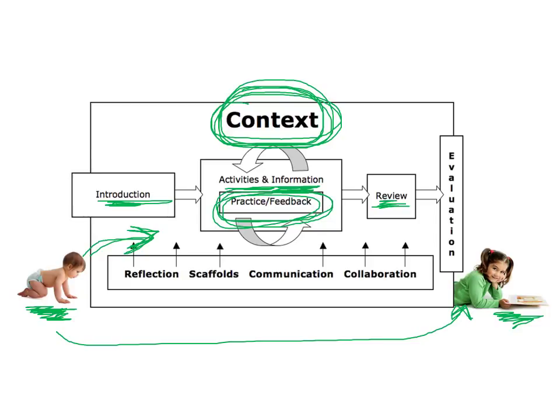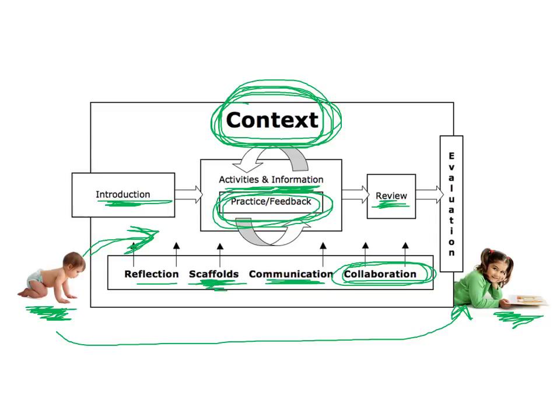And then you have other characteristics of an effective learning experience that include reflecting on what you're learning about, scaffolds to help you learn procedures, learn how to think about problems or think about difficult learning experiences, all those support mechanisms, as well as communicating among and between the important people in the learning environment and collaborating with them, collaborating with the teacher, collaborating with other students, collaborating with family members.